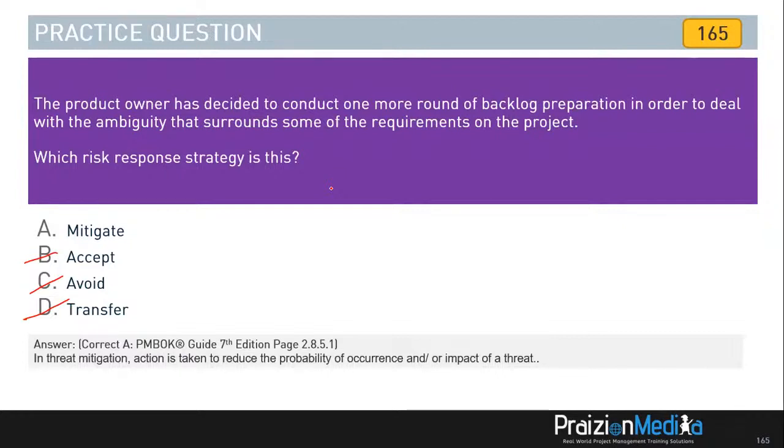So this is 2.8.5.1, and it looks like it's in the wheelhouse of risk. And 2.5.1 is on page 123 thereabouts. And we have indeed the A team, avoid, escalate, transfer, mitigate, accept, talked about there. All right, let's move on.